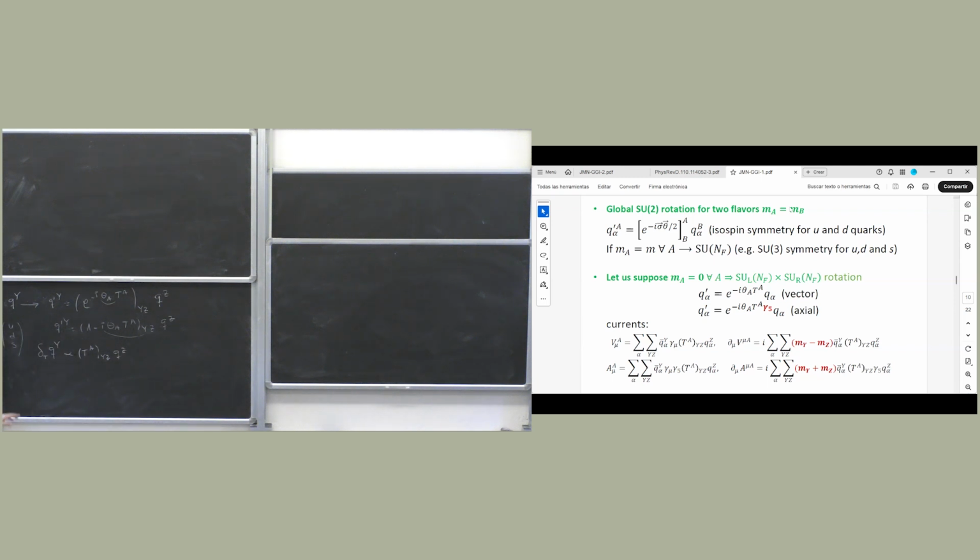And I don't care about the parameter, and I can choose different values of the parameters, so all of them should lead to conserved currents, right?